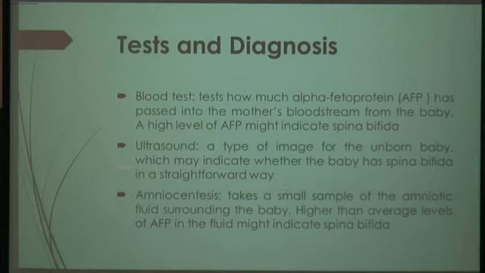Also, with ultrasound we can look at the image of the baby to see if it has a protrusion at the back, which is a more straightforward way. The other one is amniocentesis, which takes a small sample of the amniotic fluid surrounding the baby, and a high level of AFP in this fluid may indicate spina bifida.